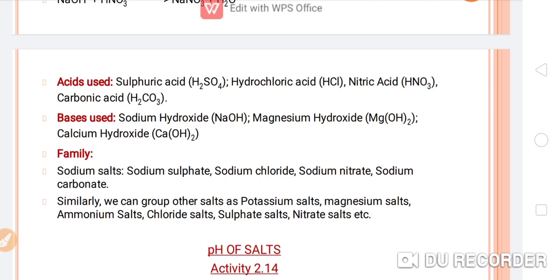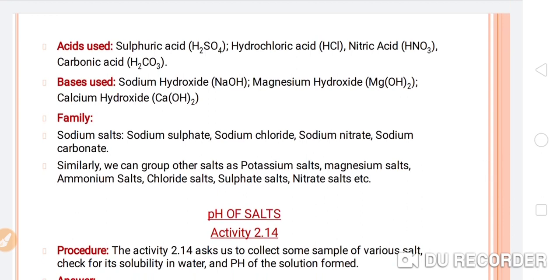Now next, bases used. Which base do you need? As I have already explained, if you want to form the salt, you have to identify the respective base. Sodium hydroxide you can use if you have to form sodium carbonate, sodium sulfate, sodium chloride. Magnesium hydroxide, if you want to form magnesium sulfate, magnesium nitrate, or magnesium carbonate, you can use magnesium hydroxide.